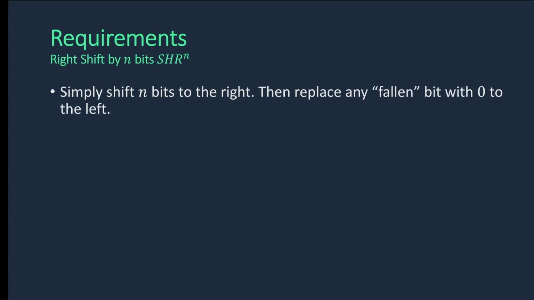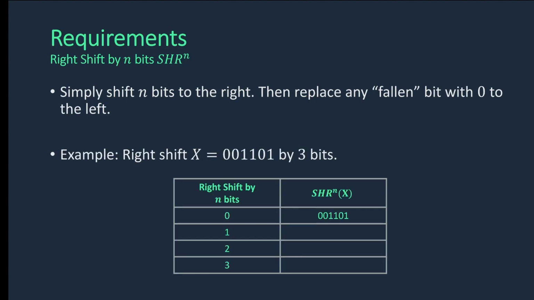If you would like to know about these operations, please look them up and read them in more detail. But in general, right shift, we can simply think of it as replacing any fallen bit with a 0 to the left. So we will see an example in a second.